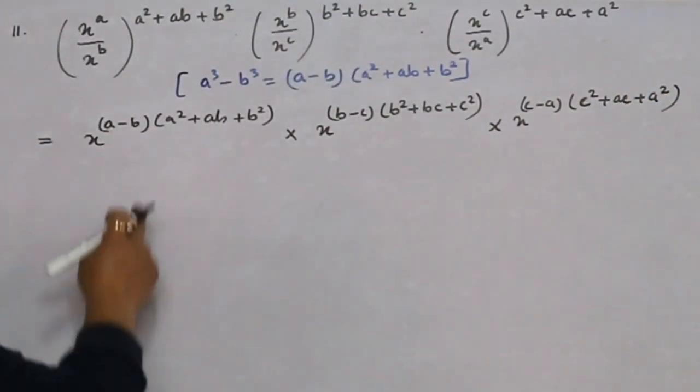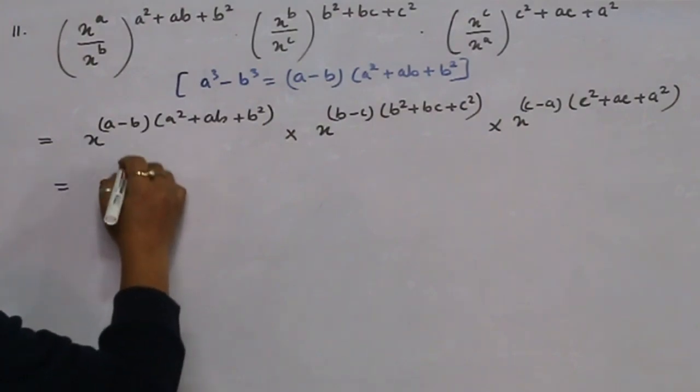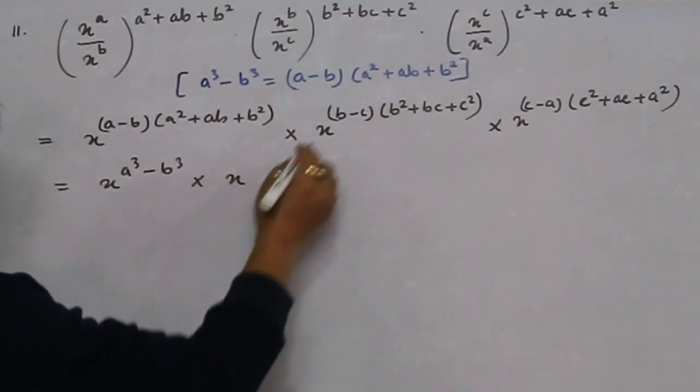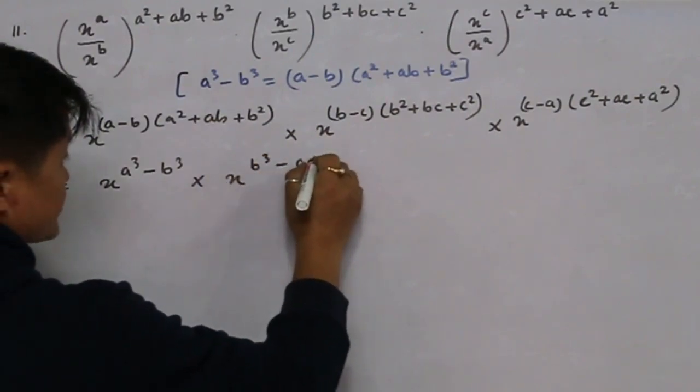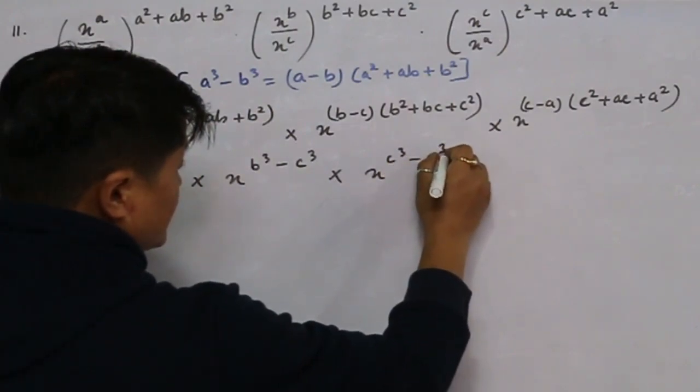Okay, so all these are in the same formula, a cube minus b cube. So this can be written as x to the power a cube minus b cube into x to the power b cube minus c cube into x to the power c cube minus a cube.